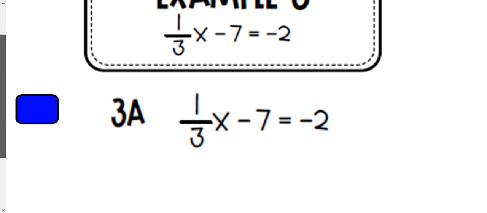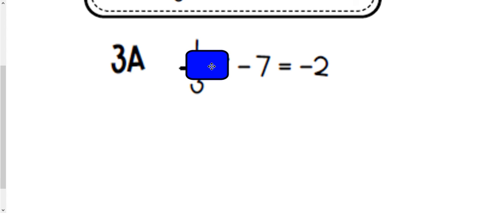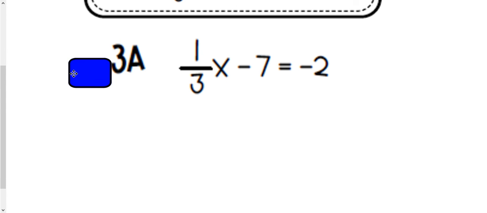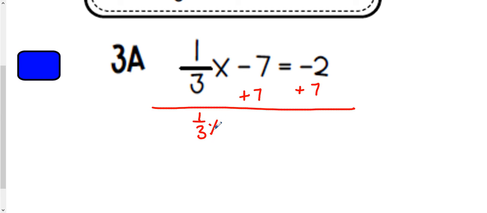All right. 1/3 x minus 7 is equal to negative 2. So we're going to isolate x, so we're going to first add 7 to both sides. Negative 2 plus 7 is 5.